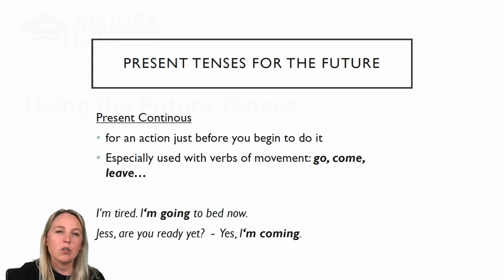It's not I'm going to go to bed now, because that just sounds stupid. So you can just use I'm going to bed now, which is the present continuous. And why? Because you're tired. Jess, are you ready yet? Yes, I'm coming. Again, present continuous.